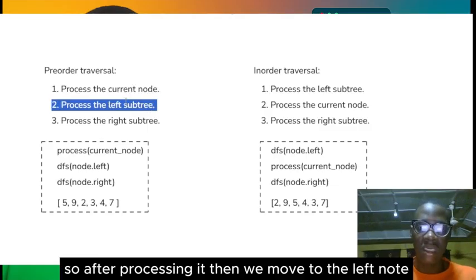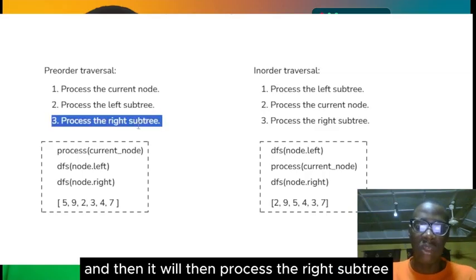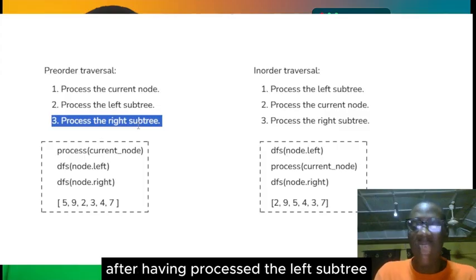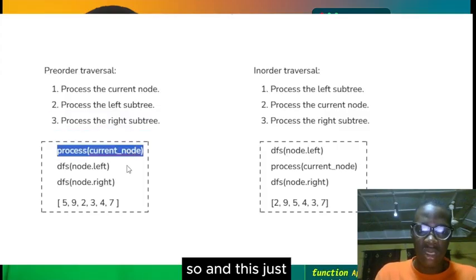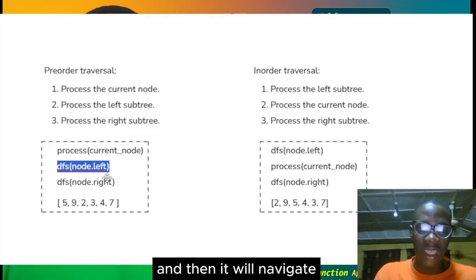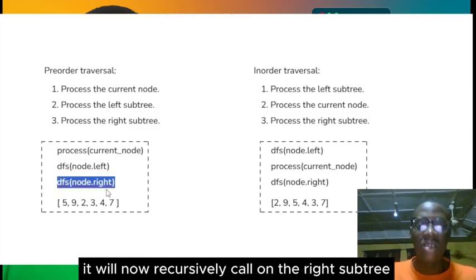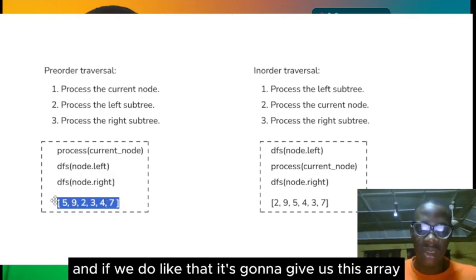So after processing it, we move to the left node to process the left subtree, right? And then it will process the right subtree after having processed the left subtree. And this is just the pseudo code: process the current node, then recursively call on the left subtree, and then recursively call on the right subtree. If we do that, it's going to give us this array.